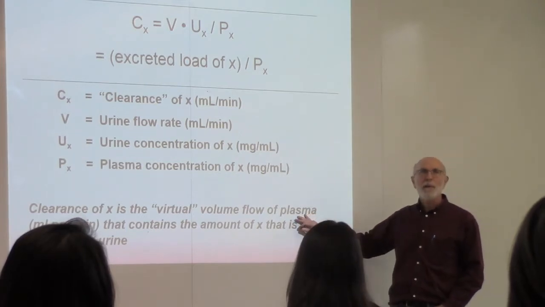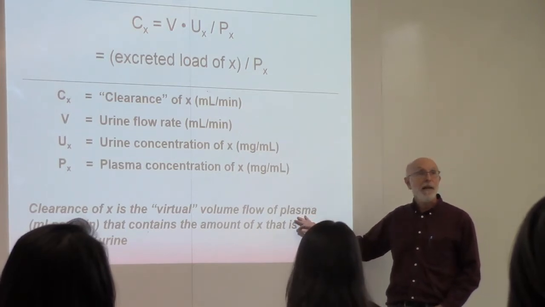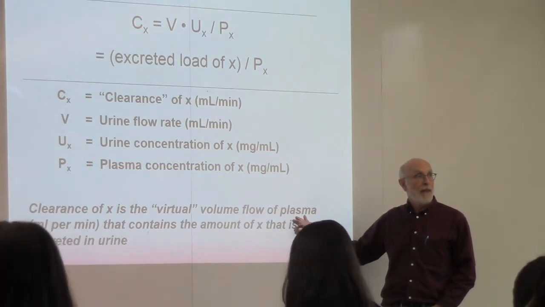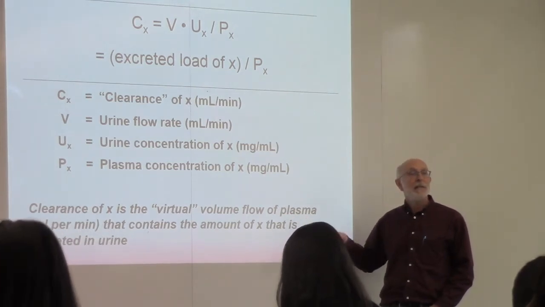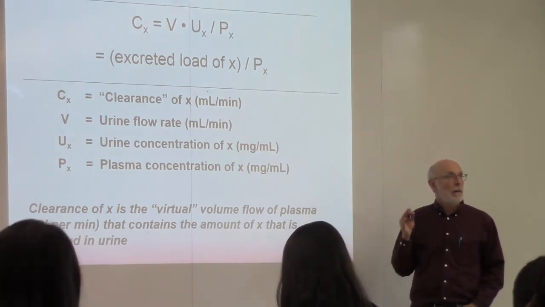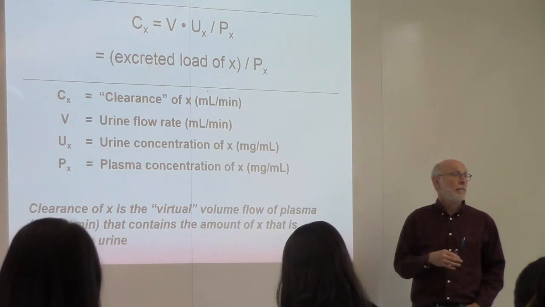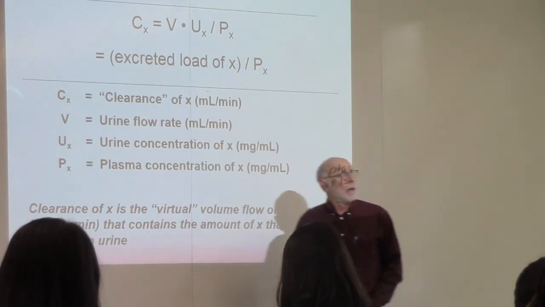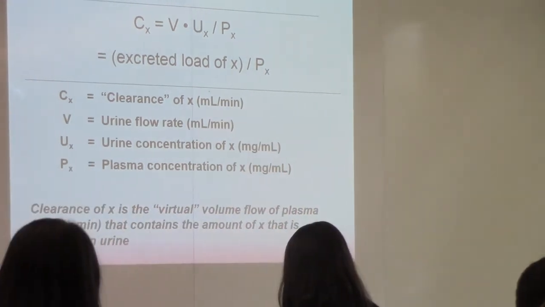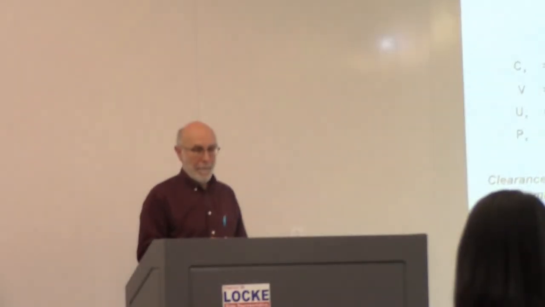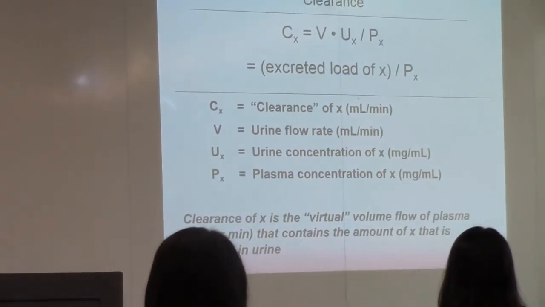And if you need to know what is the mils it is of, it's the mils of plasma that has the material that is in urine. So let's go through two quick examples, and then we'll take a break, because I think it'll help clear things up.